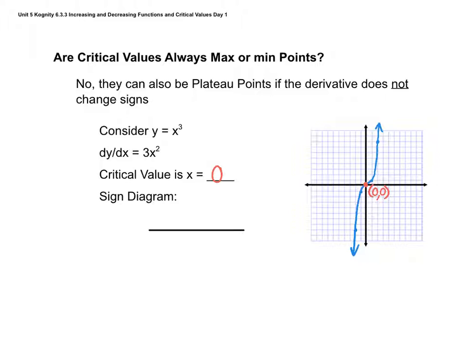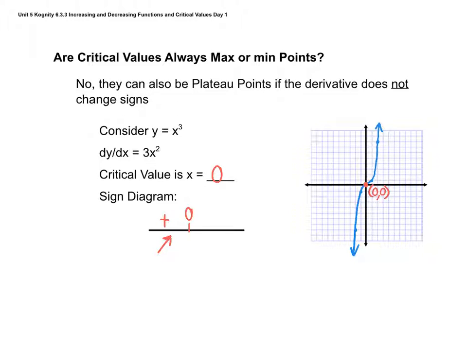A plateau in geography is just an area of land that's raised up, but it's flat. Okay? So a plateau point is a place where the function momentarily flattens out, has a derivative equal to 0, but the derivative does not change signs. If I did a sign diagram for this, if I plug in negative 1, I have 3 times negative 1 squared, which is positive 3. So that's positive. I'm increasing.